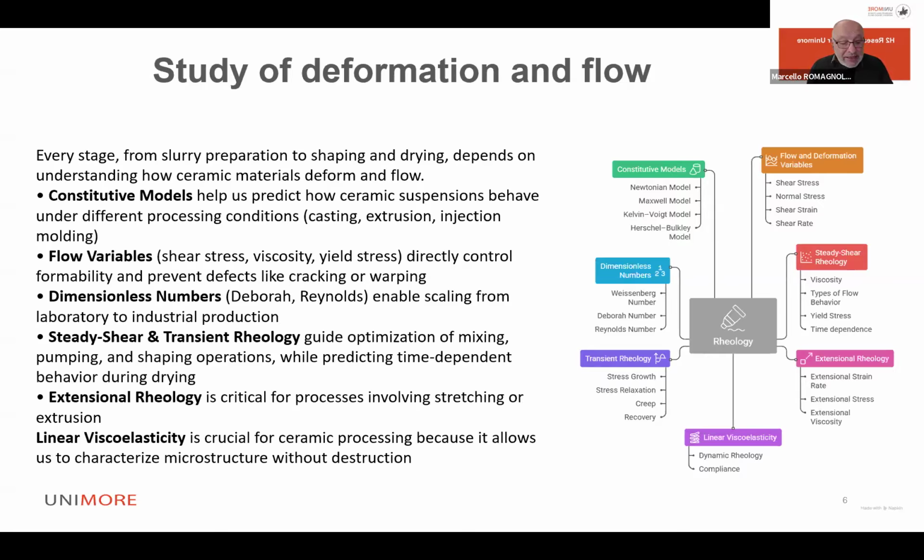And let's not forget the linear viscoelasticity. It's our best method for studying the microstructure of a material without destroying it. When I flow the material, I also change the microstructure.